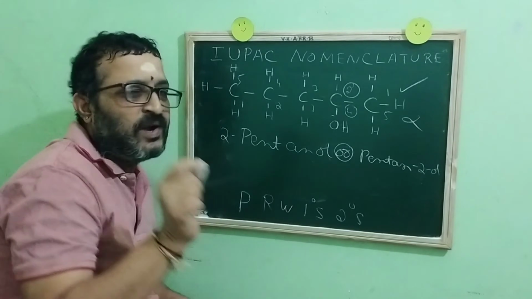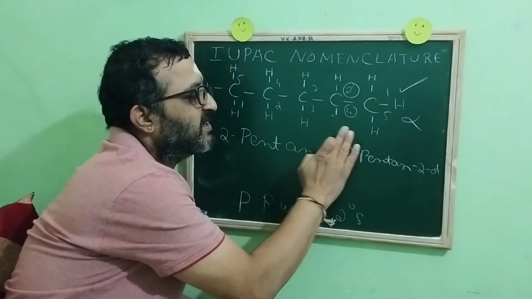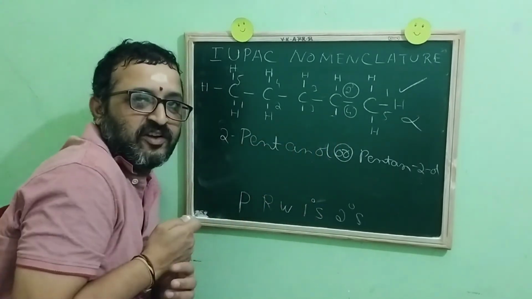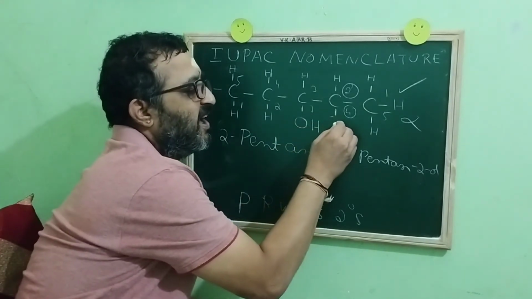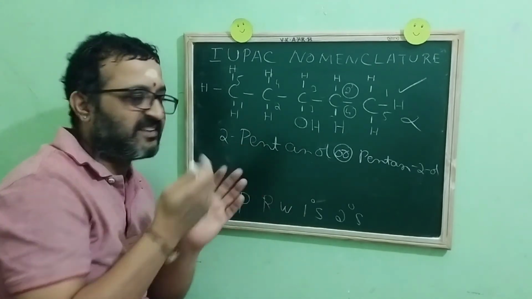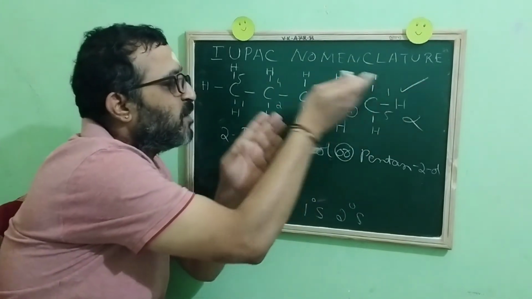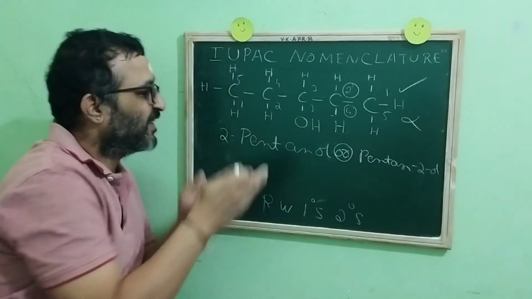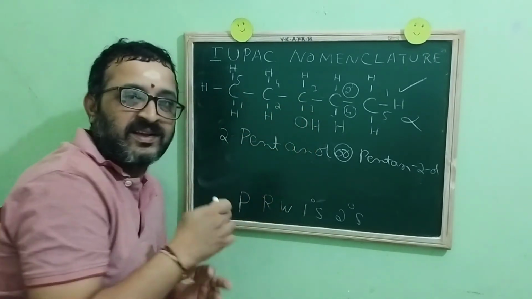Now, children, we'll do a slight variation in the compound. What we'll do is that OH, no. Okay, we'll erase that. H also we'll erase. And here we'll bring OH. And here we'll bring what? H. Right? We have just interchanged. Now, common sense says that when you do the numbering from right side also, this carbon will get what number? 3. When you do the numbering from left side also, this carbon is going to get what? 3.